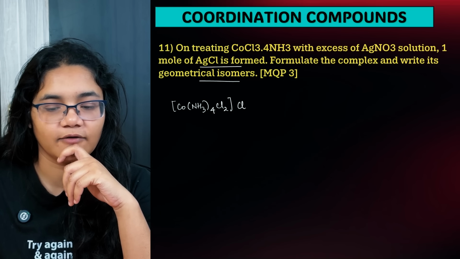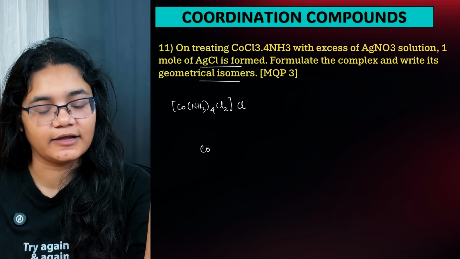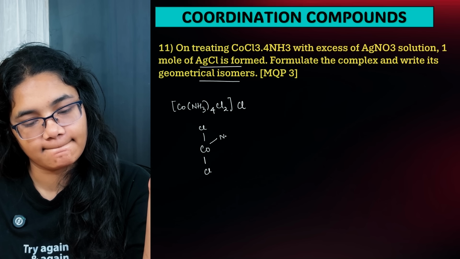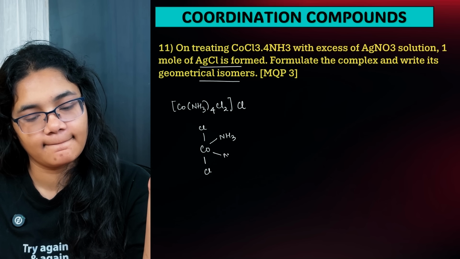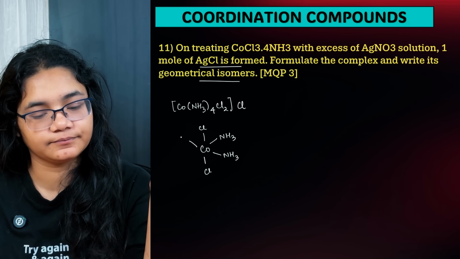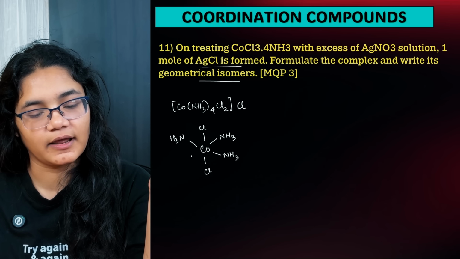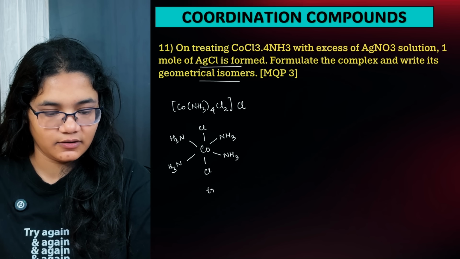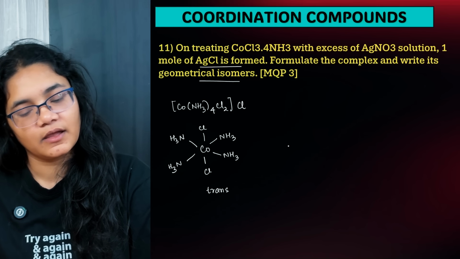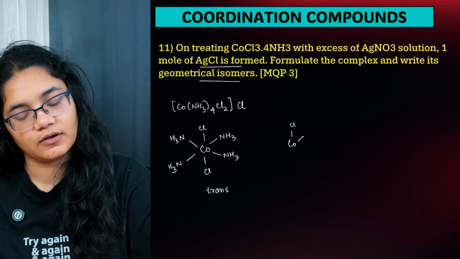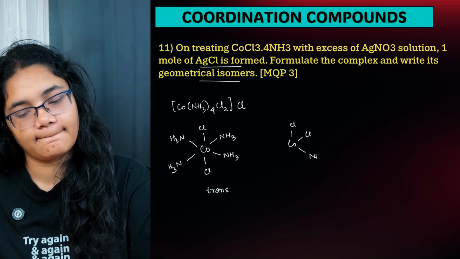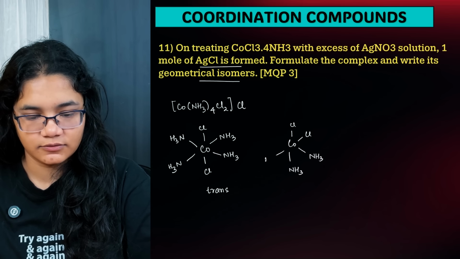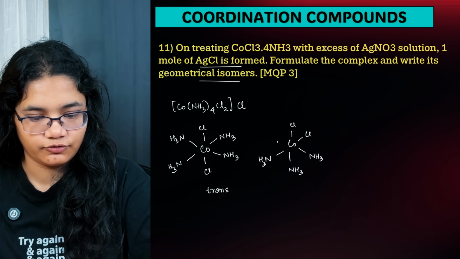Now its geometrical isomers: Co, I have Cl, I have Cl, NH3, NH3, here I have NH3 and here I have NH3. So this is the trans form, and when I have the cis form, it will be like this. This will be the structure formed.